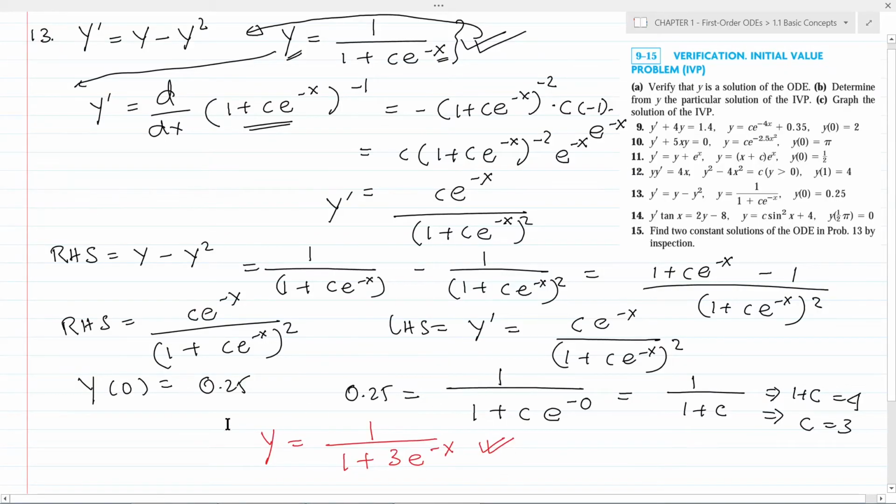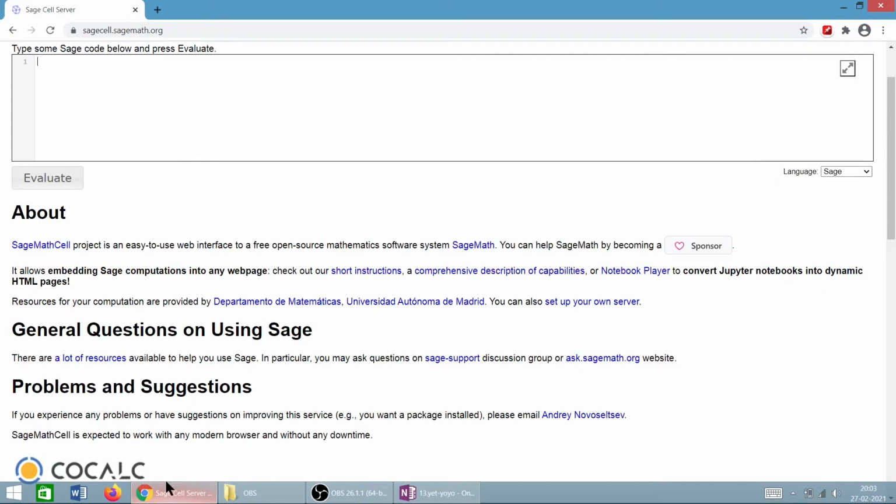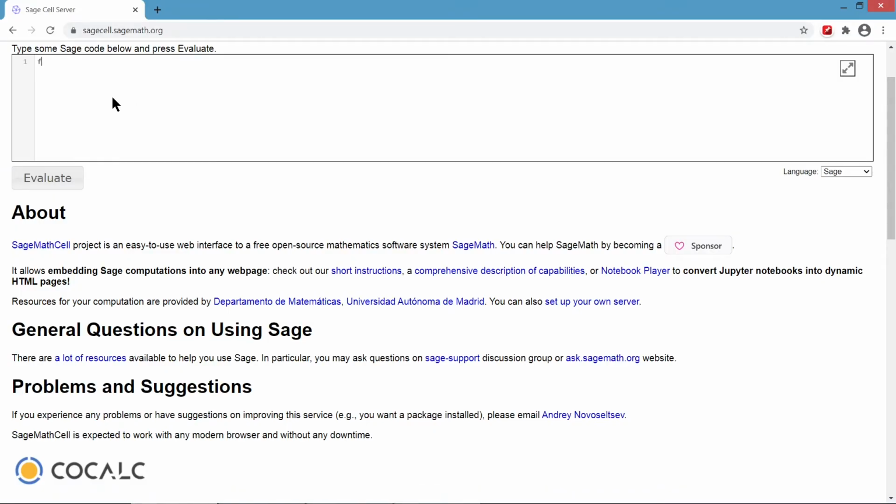For this we will go to Sage Math, type f of x equal to 1 divided by bracket 1 plus 3 multiplied by e raised to minus x.